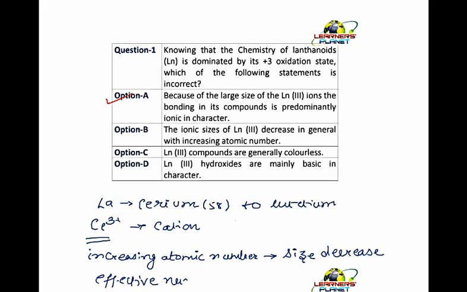What is effective nuclear charge? It is the net force of attraction of the nucleus on the valence electron. The effective nuclear charge increases because of the lesser screening effect. Or you can say that cerium to lutetium are arranged from left to right in the period and the size decreases.